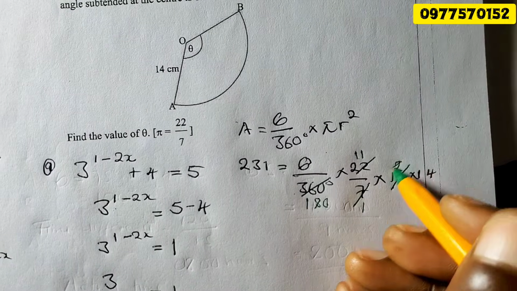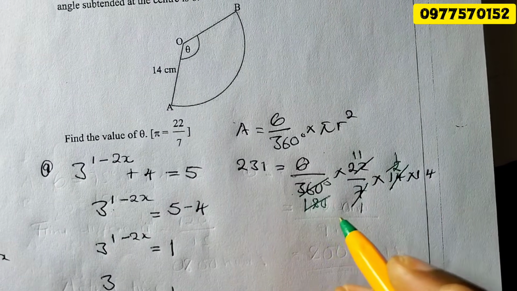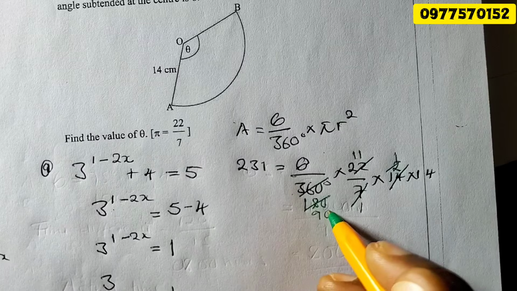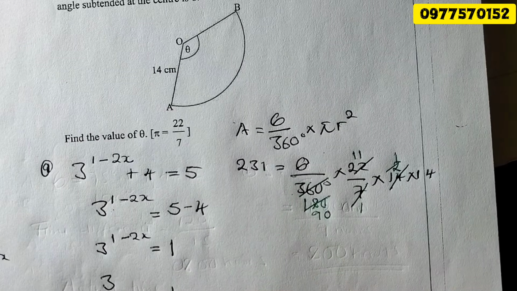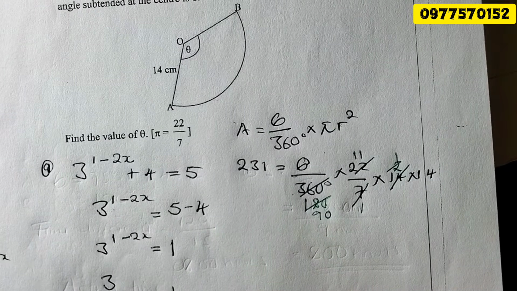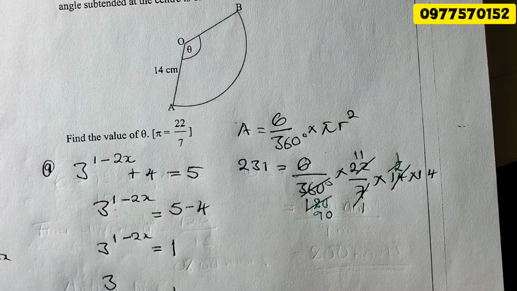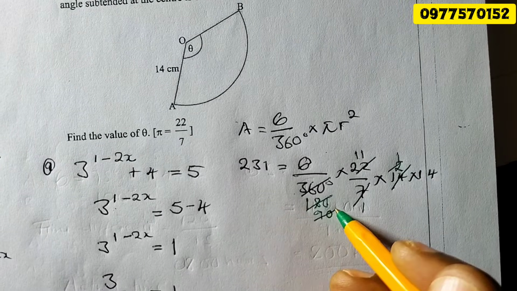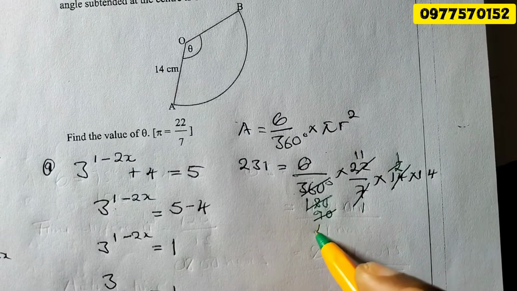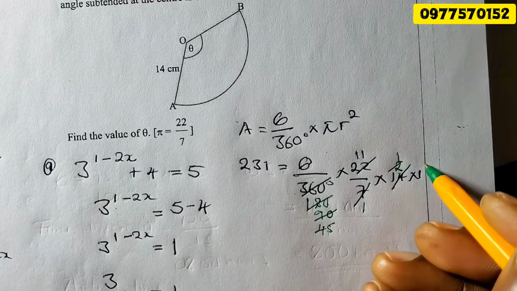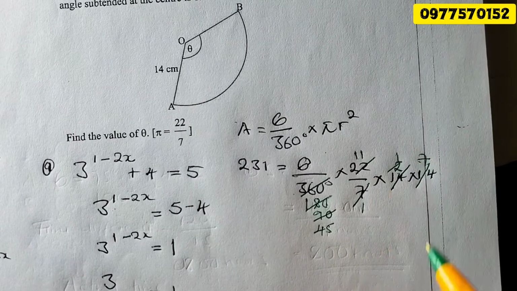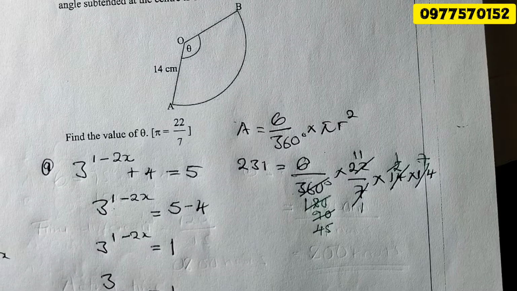So 2 here can cancel. 2 into 180 is 90. Okay, we can still reduce. This is nice. 2 into 90 is 45. Then 2 into 14 here is 7. Okay, so let me just write nicely here so that you don't get confused.